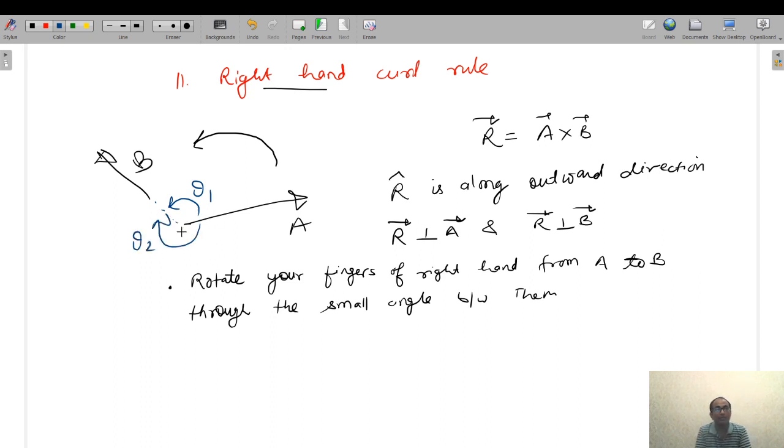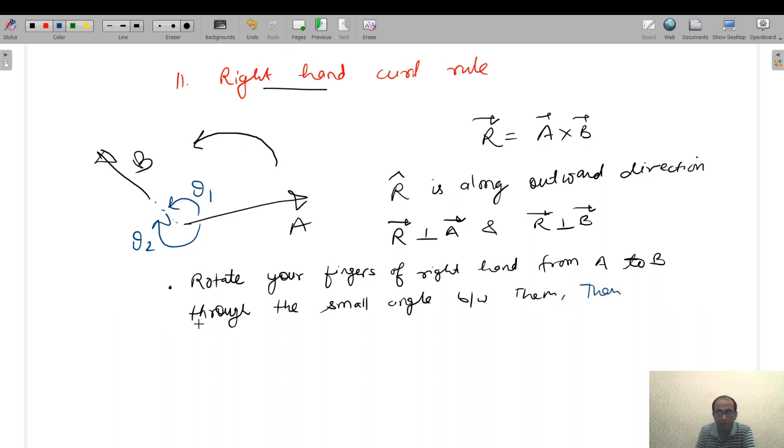So the smaller one is θ1, right? So you have to rotate your hand along this θ1, not along θ2. So through the small angle between them, rotate your fingers from A towards B, but through the smaller angle θ1.